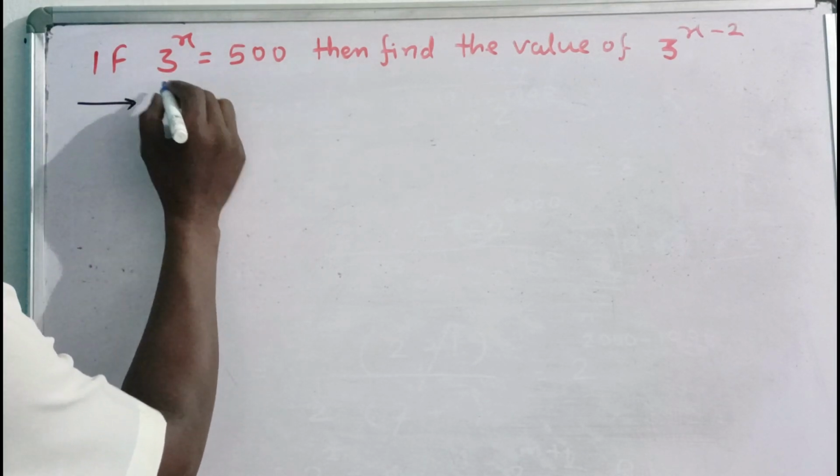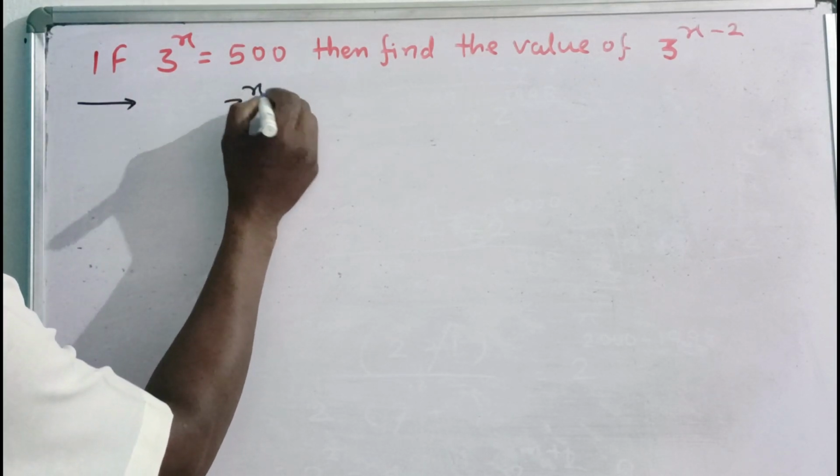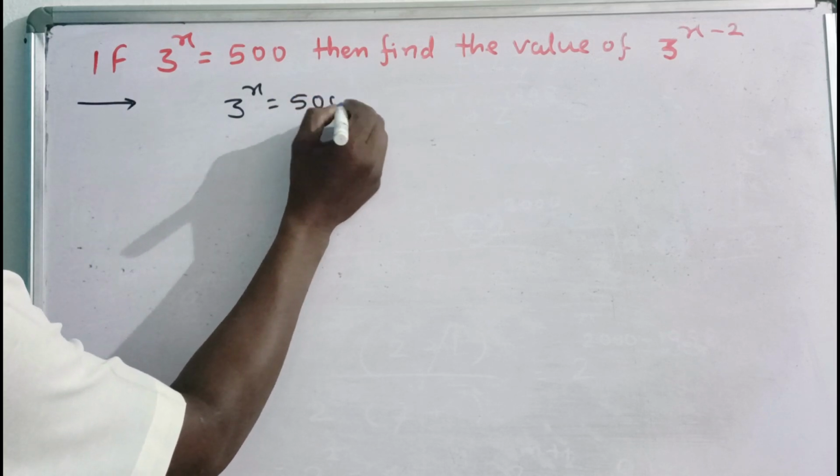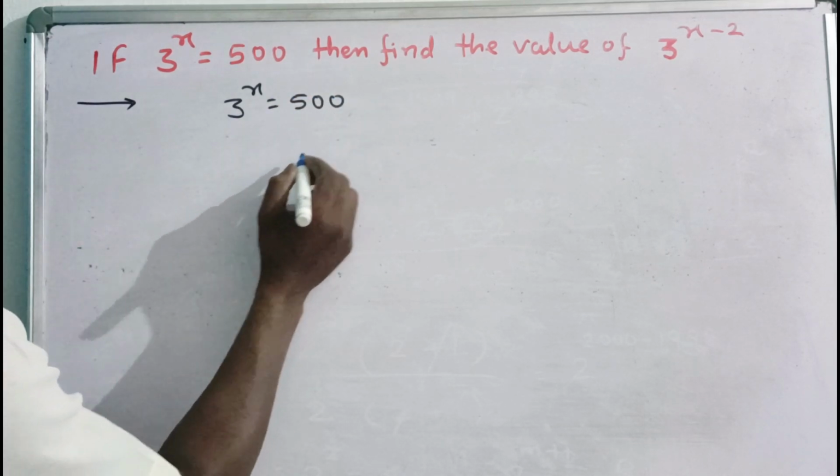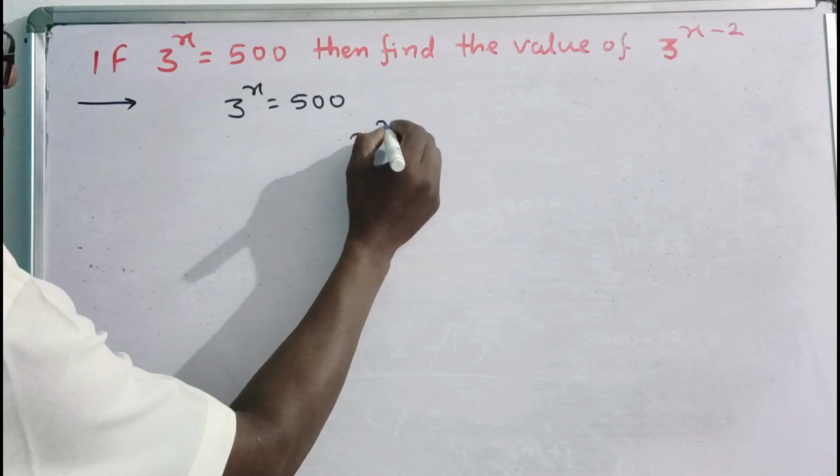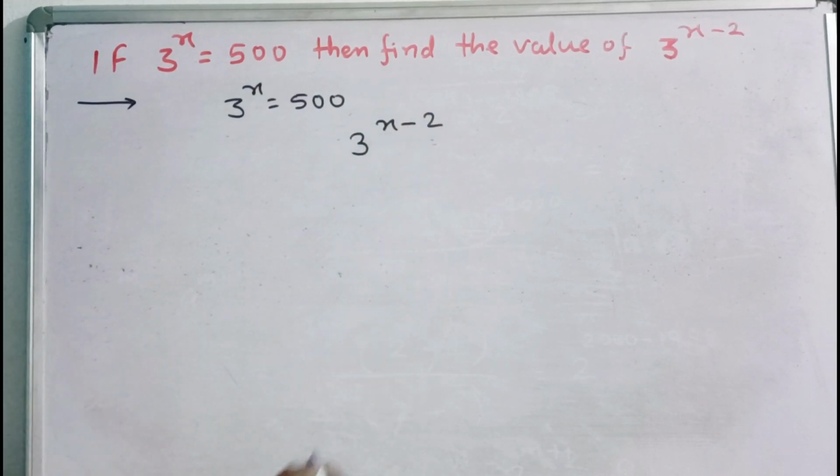Given 3 raised to the power x is equal to 500, and we want to find out 3 raised to the power x minus 2.